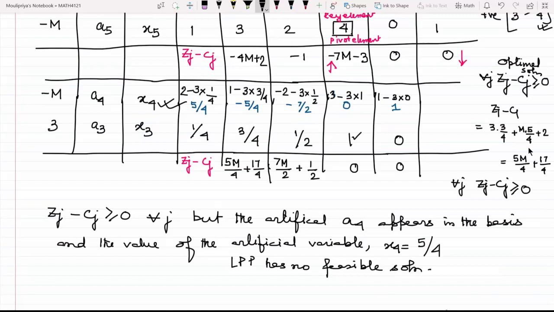Okay, are we clear with the case? Are we clear with the conclusion that I made? That even if the condition for optimality is satisfied, but if the artificial vector appears in the basis, we say that the linear programming problem has no feasible solution. Okay? Are we clear with this?